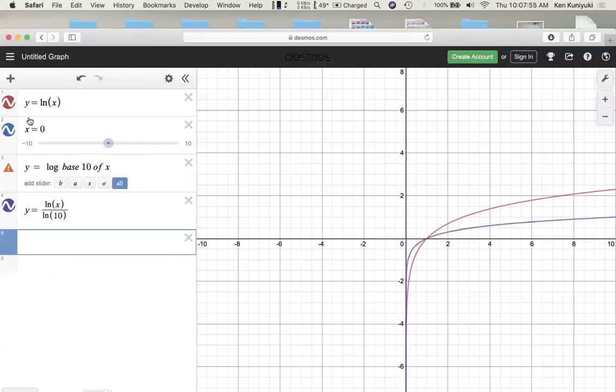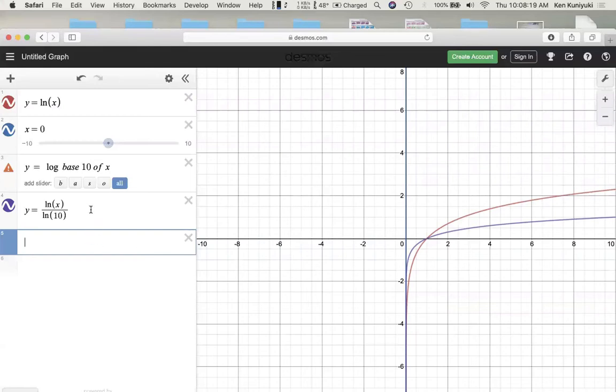So let's go from the red graph to the purple graph. We're going from y equals ln of x to y equals log base 10 of x, the common log function. Here we have a vertical shrink. Notice the red graph is going down to the purple graph above the x-axis. The red graph goes up to the purple graph below the x-axis.